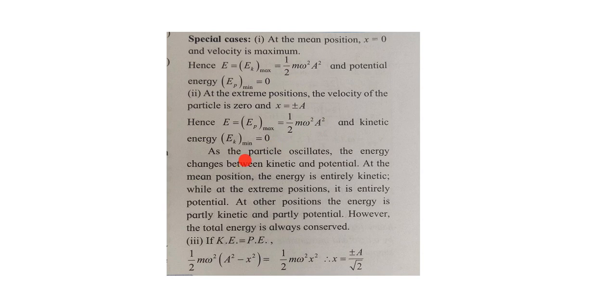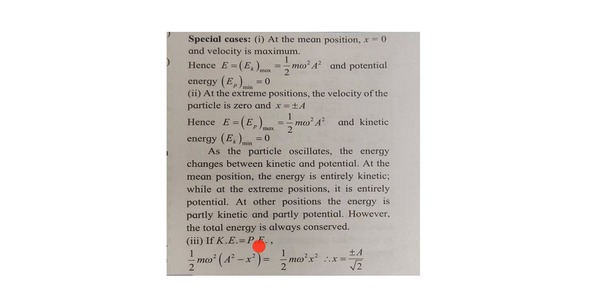So as the particle oscillates, the energy changes between the kinetic and potential. And you know that at the mean position the energy is entirely kinetic while at the extreme positions it is entirely potential. At the other positions, the energy is partly kinetic and partly potential.